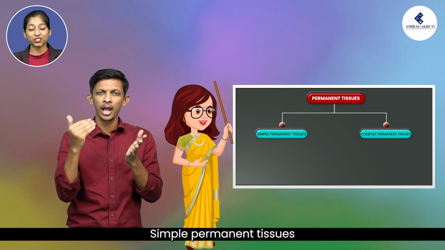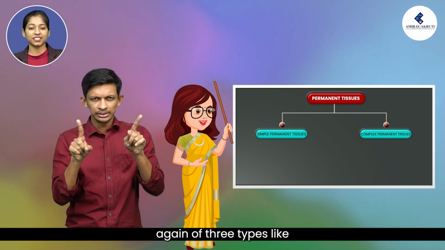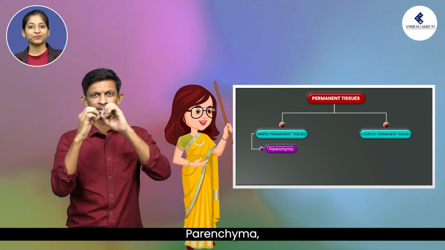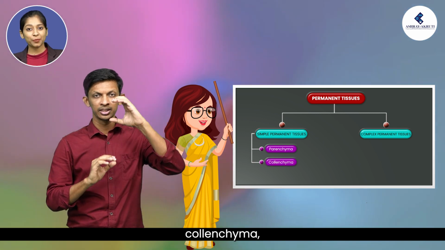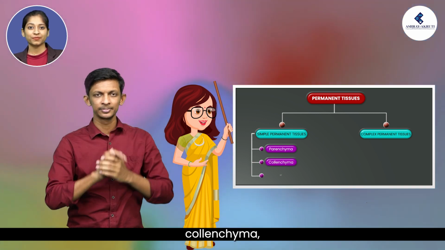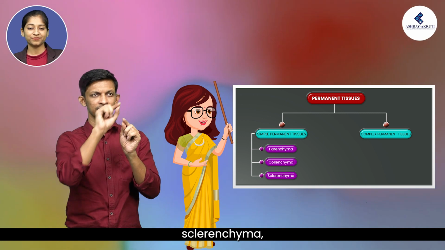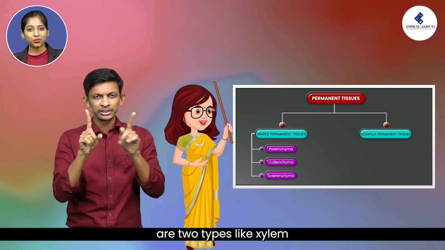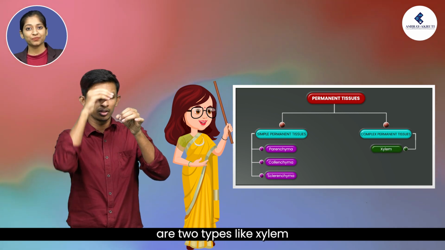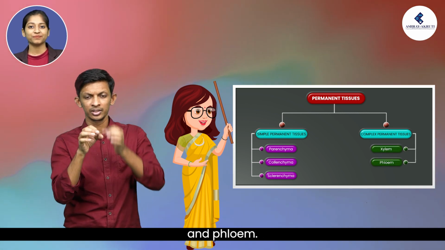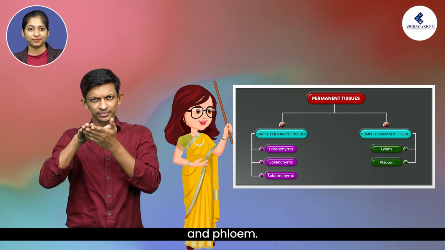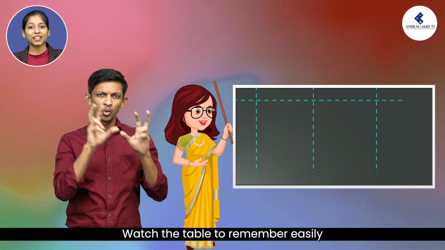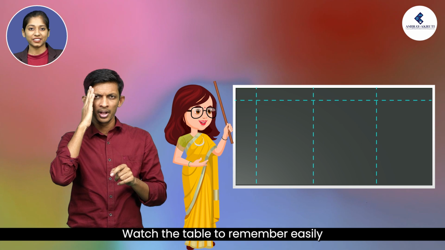Simple permanent tissues are again of three types: parenchyma, collenchyma, sclerenchyma. Complex permanent tissues are of two types: xylem and phloem. Here is a table to remember easily.